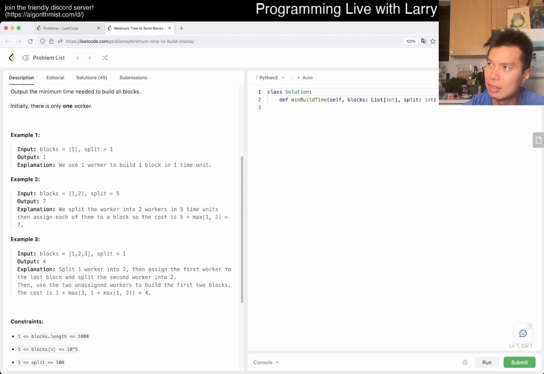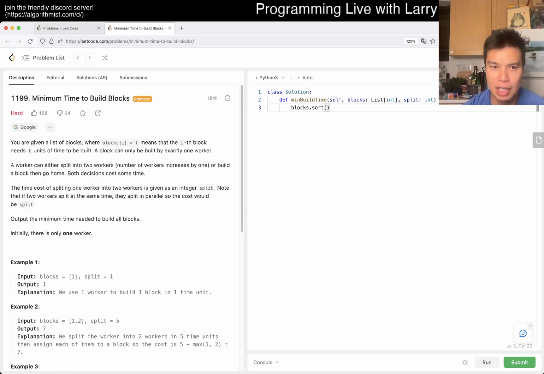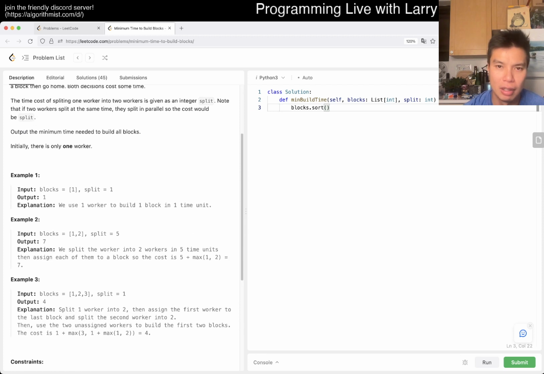Now, whether I can simulate this in a good way, I'm thinking of right now. At the very least, unless it is already given in sorted order, we should sort it just to give the input a little bit of structure.